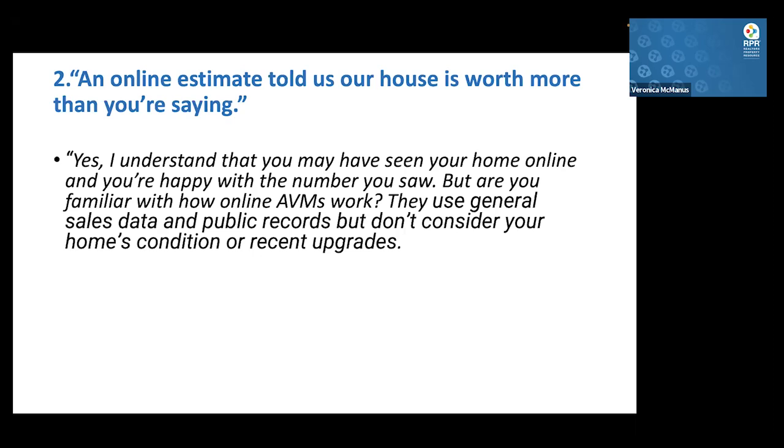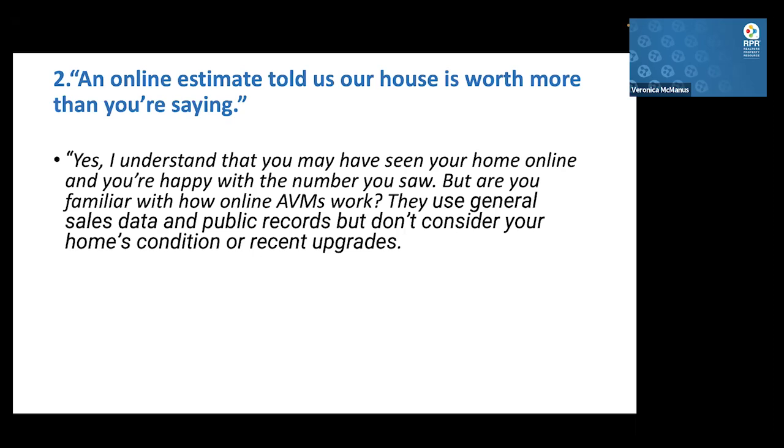And they don't have what we have within RPR, which is the MLS data and the actives and the pendings. The active list price and a pending list price is highly influential in the algorithm for a property, and we call that an RVM. You might want to write this down. An AVM is accurate within 60% plus or minus of fair market value, is accurate 60 to 65% of the time.